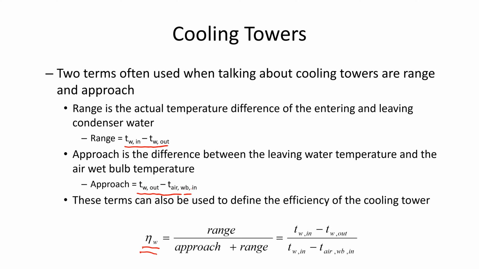So my equation becomes the temperature of the water coming into the cooling tower, T sub W in, where the W stands for water, so it's the incoming water temperature, minus T_W out, which is the leaving water temperature, divided by the temperature of the water coming into the cooling tower minus the wet bulb temperature of the air that's outside, that's going to be moving through the cooling tower and picking up the heat from that water.